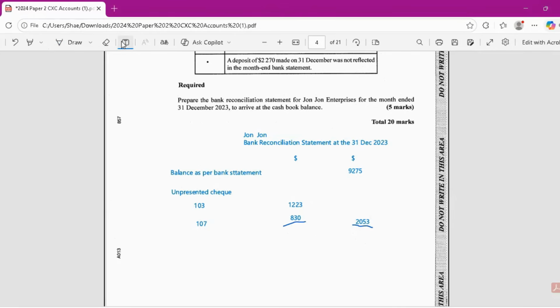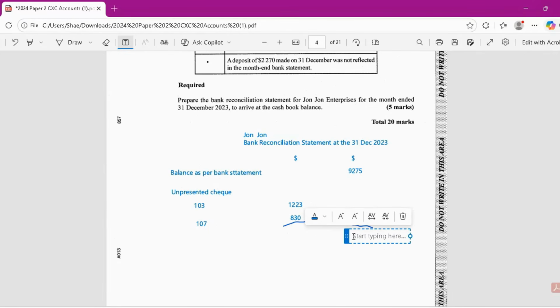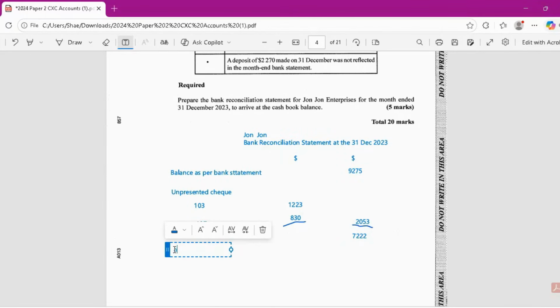Remember that you less unpresented checks, and then you add late lodgements. So that's 7,222. So there's only one.